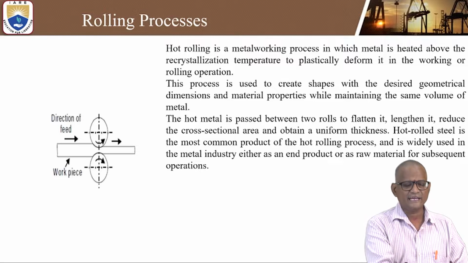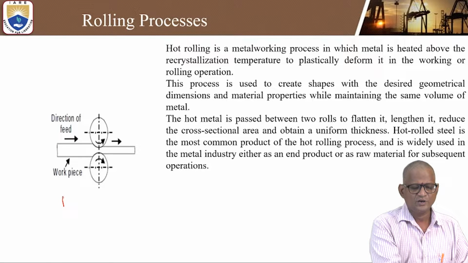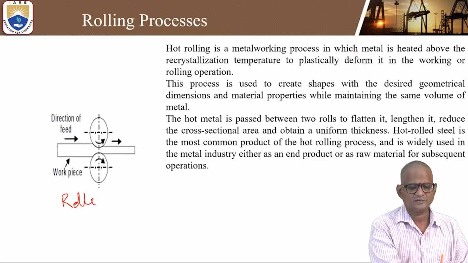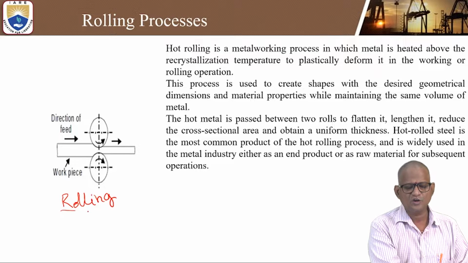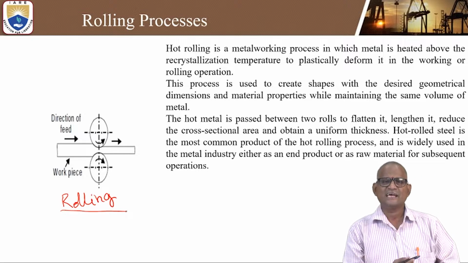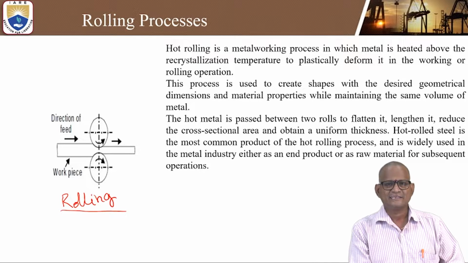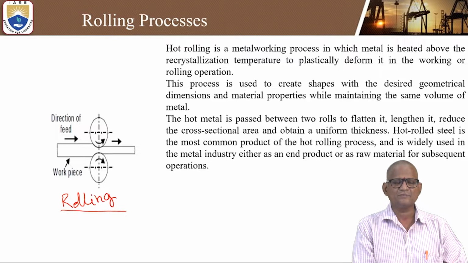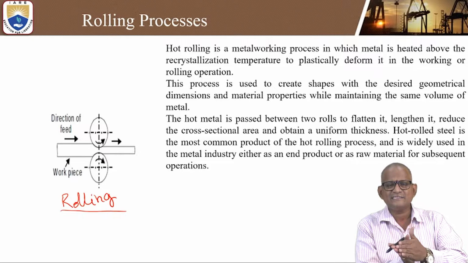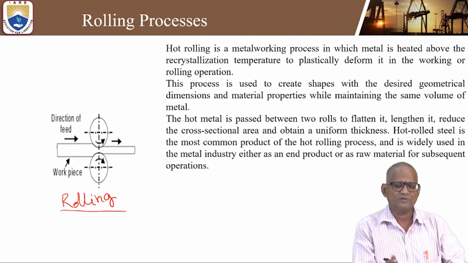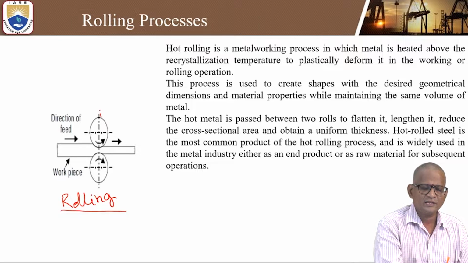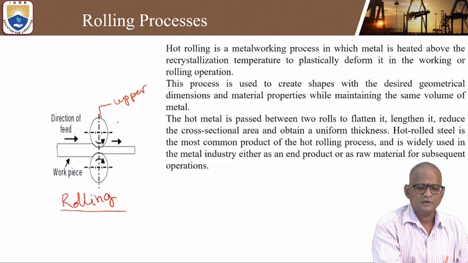This is a diagrammatic representation of the rolling process. I hope in this diagram you can see the direction of feed. The workpiece is fed in between two rollers: one is the upper roller, and the other is the bottom roller.